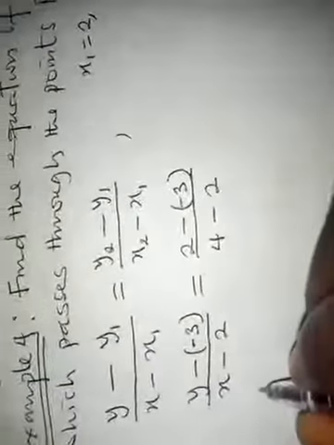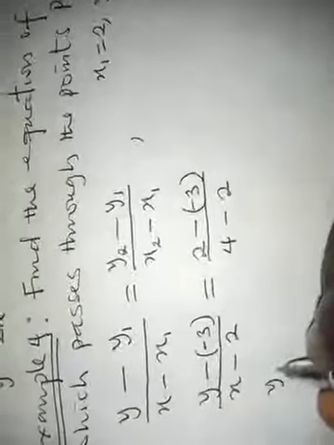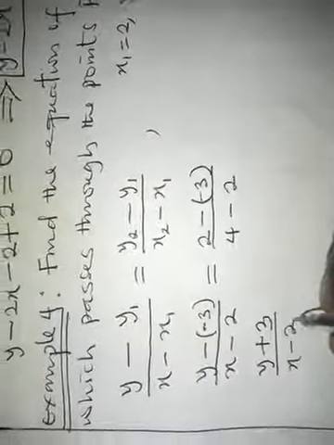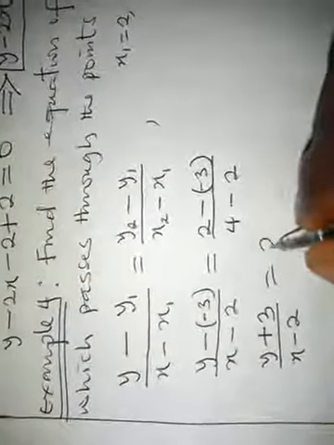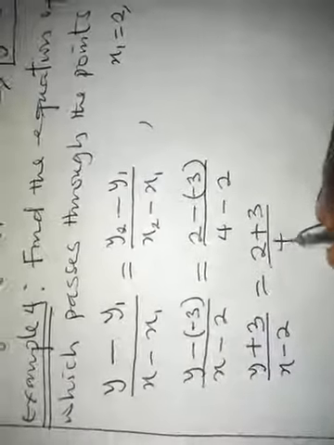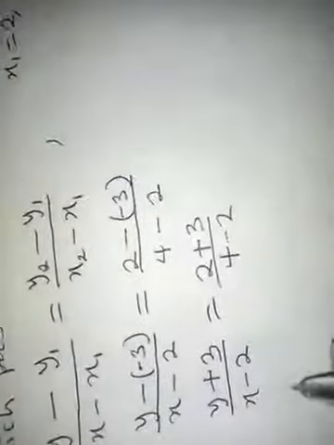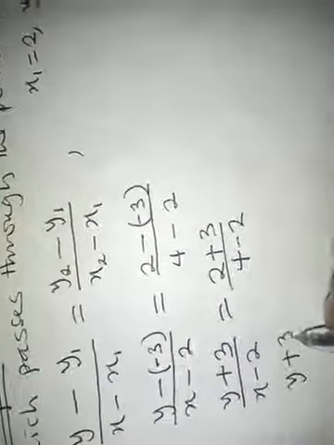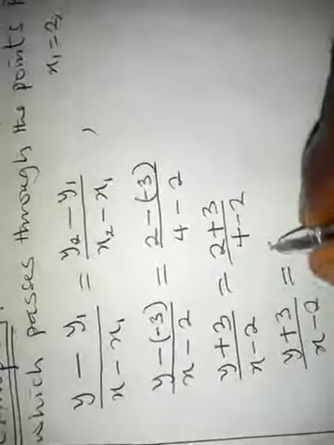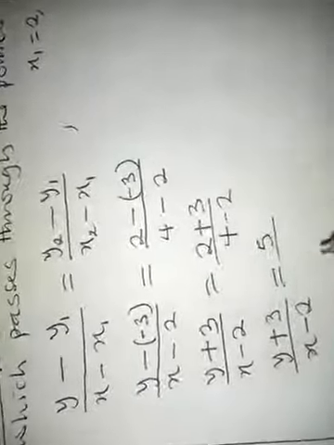Okay, when we simplify this, negative times negative should give us plus, so we have (y plus 3) over (x minus 2) is equal to (2 plus 3) over (4 minus 2). And the next step here will be (y plus 3) over (x minus 2) is equal to 5, that is 2 plus 3, over 2, that is 4 minus 2.